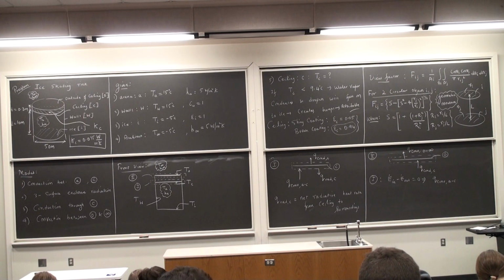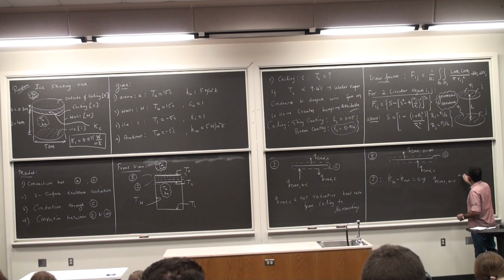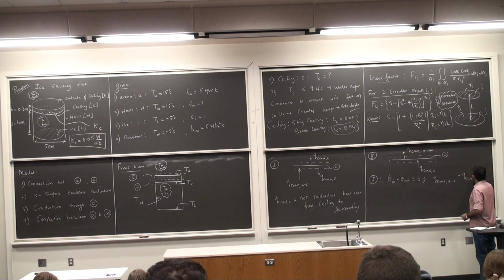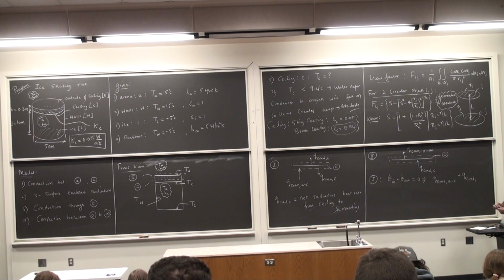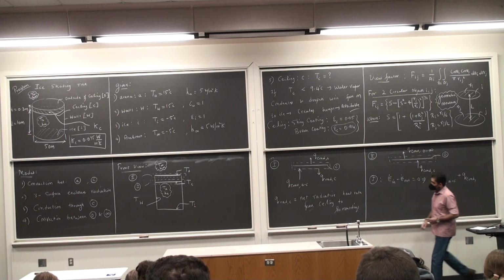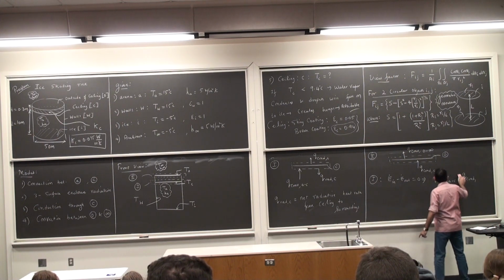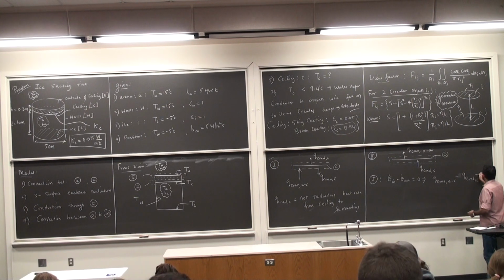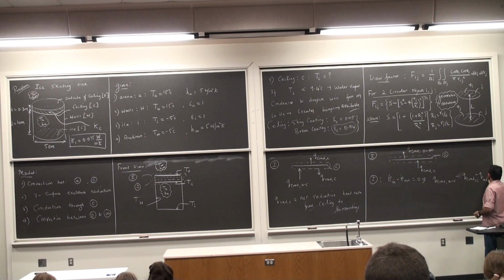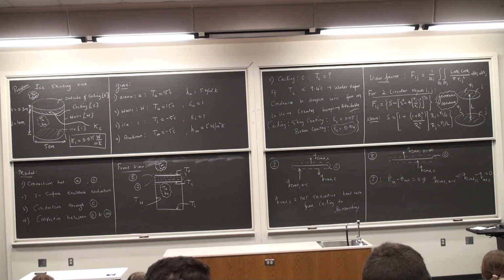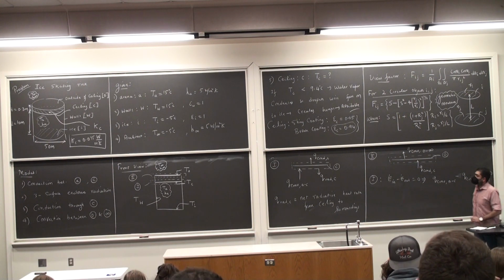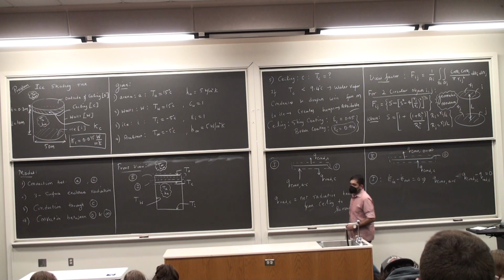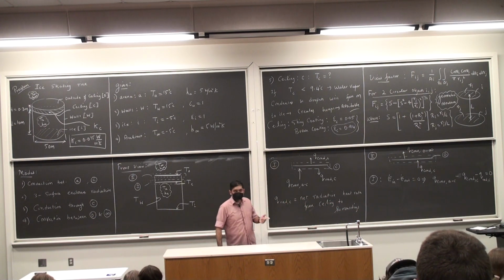This is plus Q conduction. I'm sorry, this is not plus Q conduction, minus Q conduction. This is leaving. Minus Q radiation is 0. So there's only one thing coming in, the rest of them are all leaving the control volume as you've seen there.